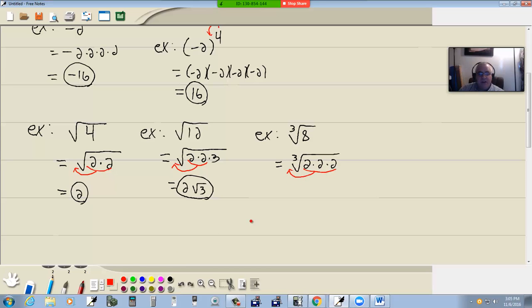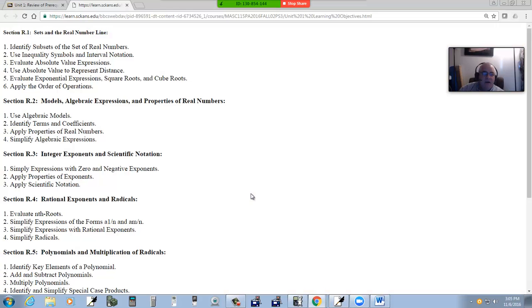So 3 2's is going to come out in front as a single 2. And that would be our answer. And it works along a similar idea if you have the fourth root, fifth root, so forth. Now that's our evaluating exponential expressions, square roots, and cube roots.